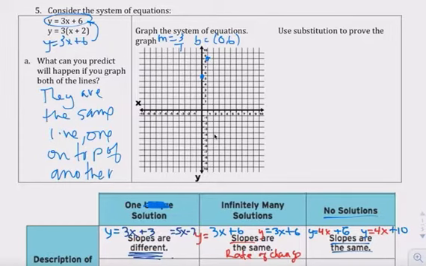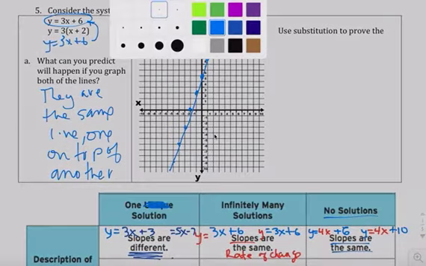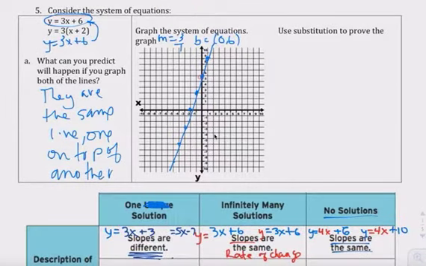Okay, and if you run out of room, you go the other way. If a solution is where they meet, in this case, if you graph the other line, they meet at every single spot, therefore infinite solutions.